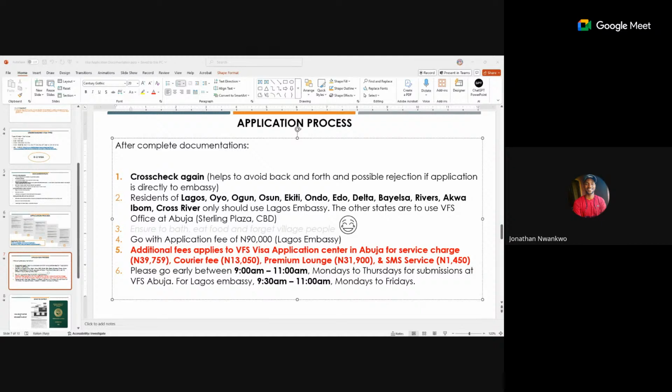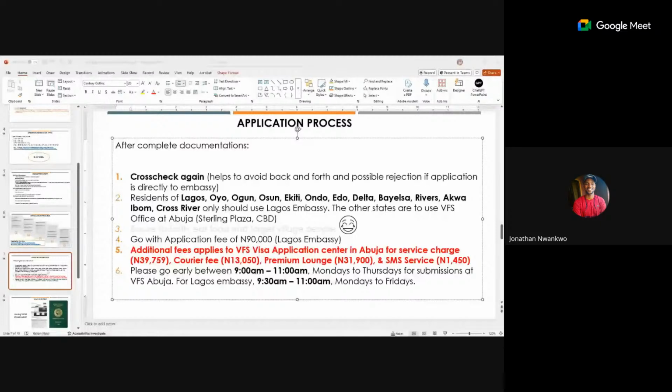But for VFS, rejection is lesser. Maybe you can only be rejected if they don't think you're actually going for what you say you're going for, or the documents don't actually check out. VFS will ensure that before the application is collected from you, everything is as the embassy has requested. And then you are certain that you are going to get your visa approved.